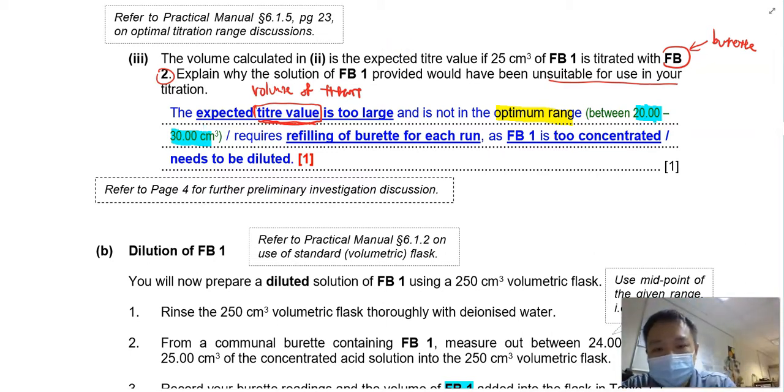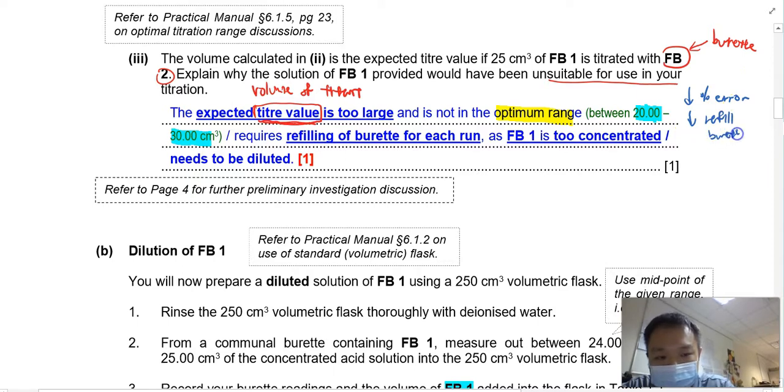It's a balancing act between minimizing percentage error, which I will elaborate on in a short while, as well as minimizing the need to refill the burette for each titration. If a titration is between 20 to 30, the subsequent runs don't require you to top up your burette again. So you don't have to refill your burette for each run of a titration.